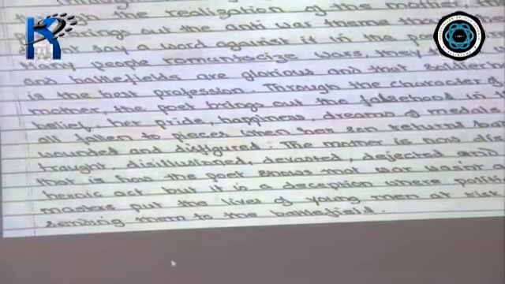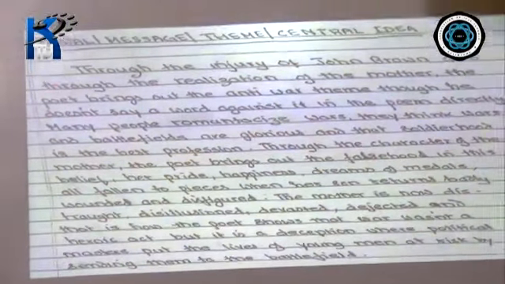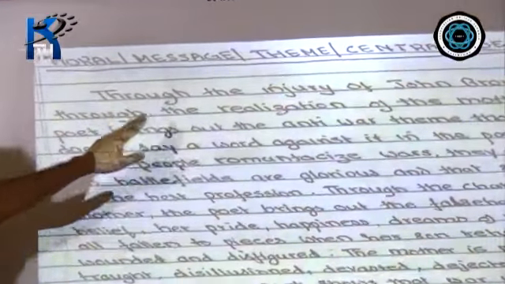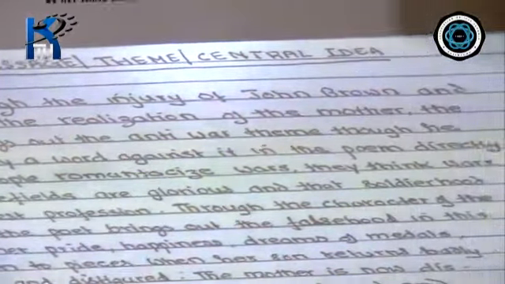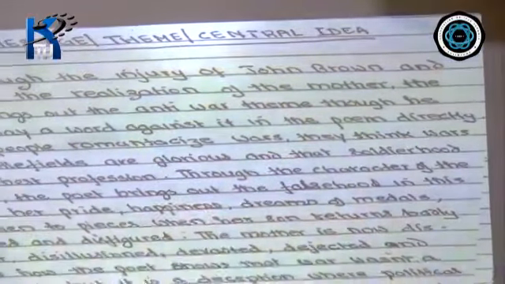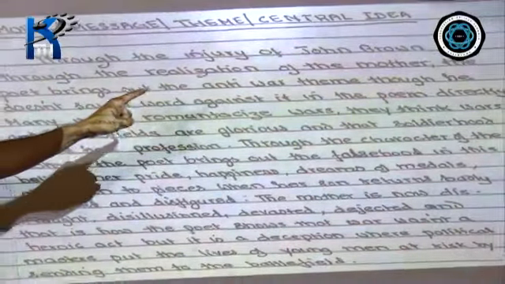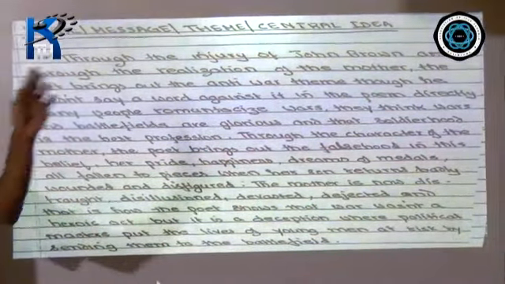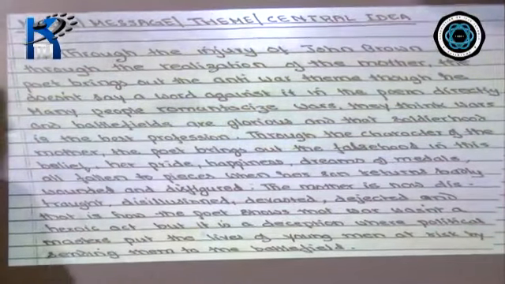And the last thing, the theme or the central idea. Through the injury of John Brown and through the realization of the mother, the poet brings out the anti-war theme. Though he doesn't say a word against it in the poem directly, he doesn't say wars are bad, do not fight wars, let there be peace.